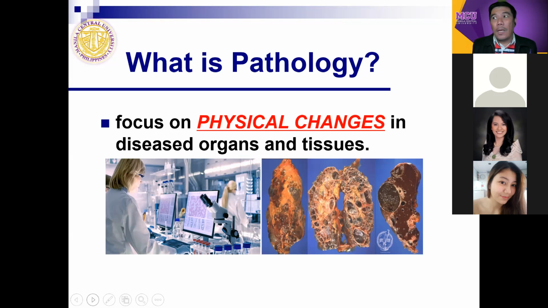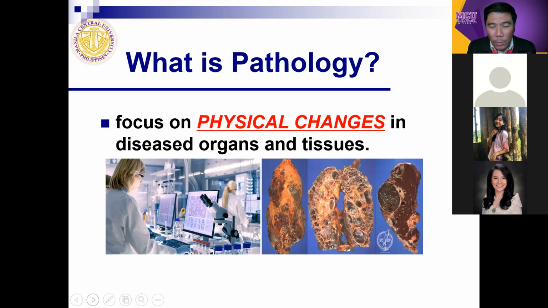So expect if ever the client, for example, has jaundice, what specific organ would possibly be affected if there is jaundice or yellowish discoloration of the skin? Liver po. Liver, very good. How about if the skin is bronze in color? Bronze-like yung skin color niya.